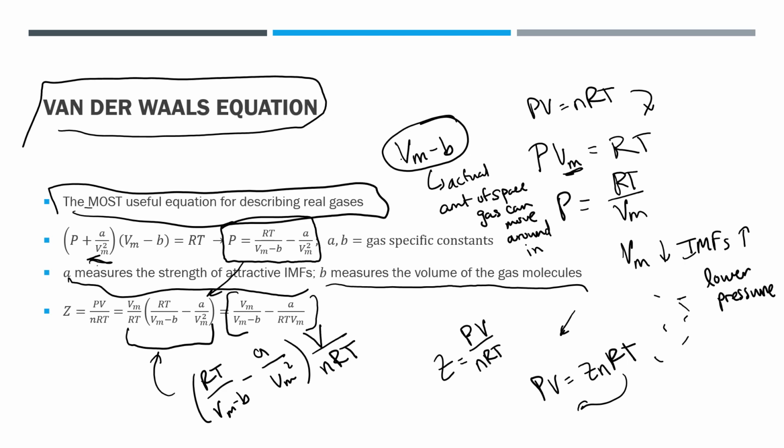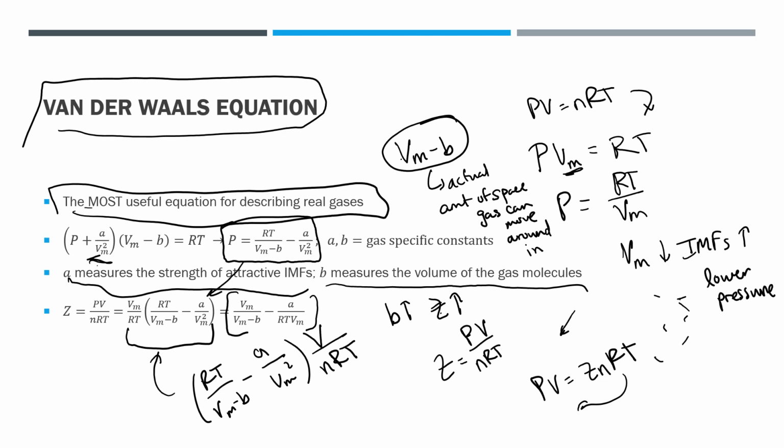So we have two terms, right? And now let's look at how this compression factor is going to change in relation to A and B. The larger B is, so as B goes up, what happens? The greater Z is. Z is going to go up. Why? Because when B goes up, the V molar minus B denominator gets small.